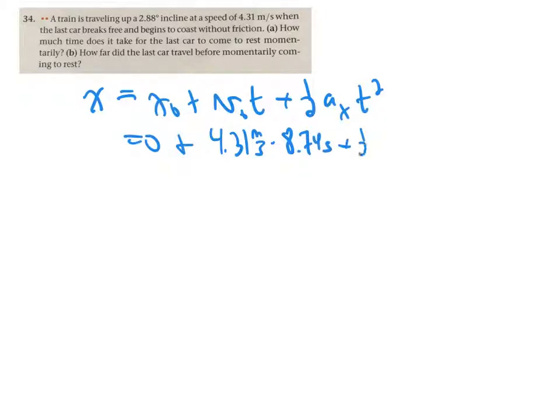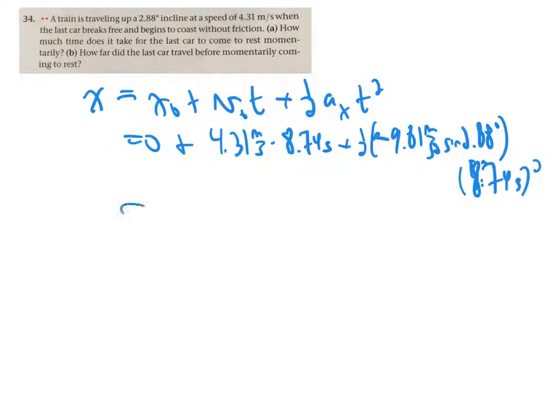And then we have 1/2 times minus 9.81 meters per second square times sine of 2.88 degrees times 8.74 seconds squared. And if you throw all of that into a calculator, you get 18.8 meters, just like before. And so either way would have worked fine.